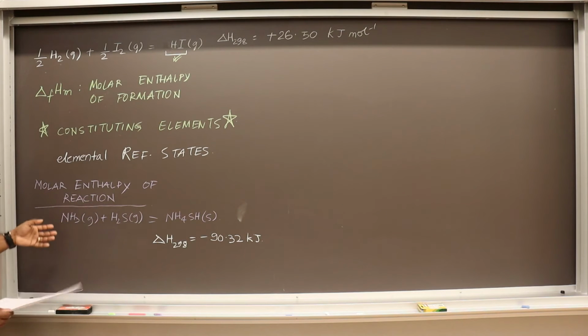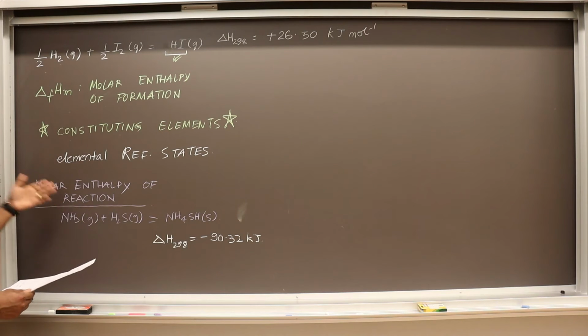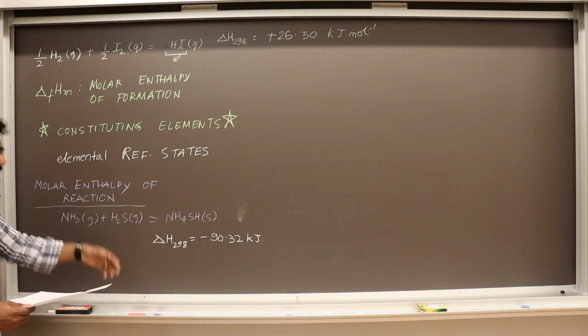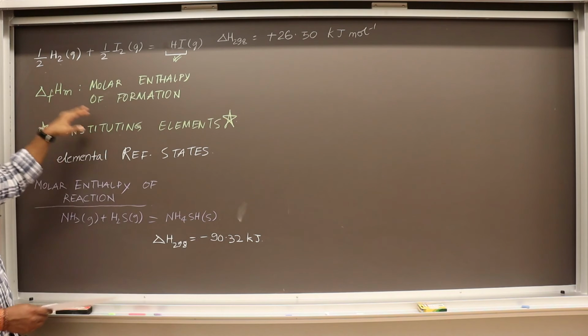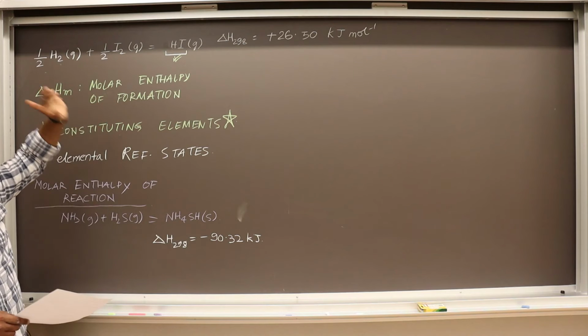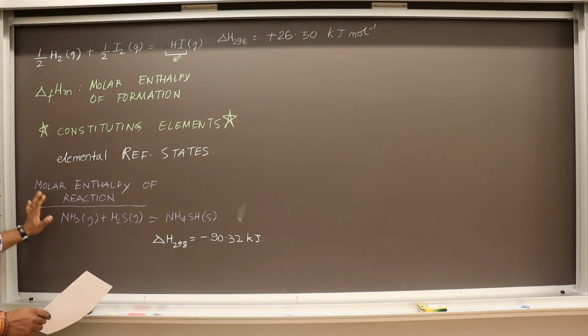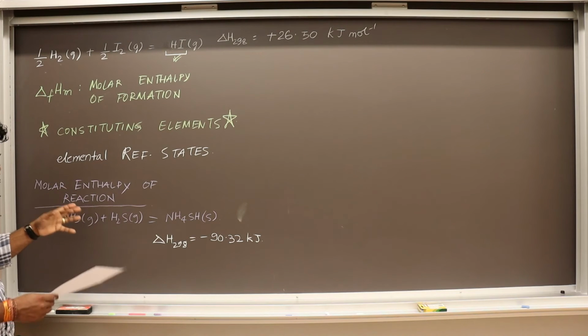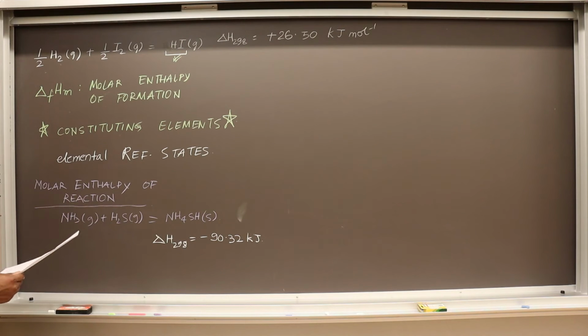That enthalpy change is called the molar enthalpy of that reaction. The formation type got a special name, molar enthalpy of formation, and combustion got a special name too. Here is just a reaction, and we are saying that if we have this kind of reaction, we'll call it the molar enthalpy of that reaction. It could be any reaction.